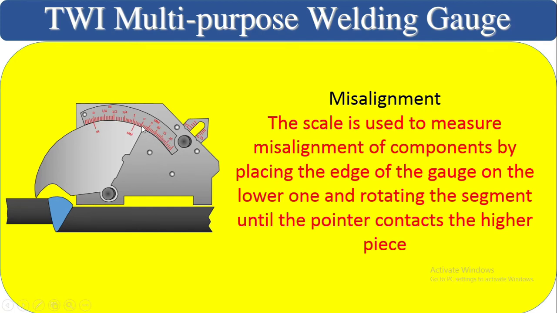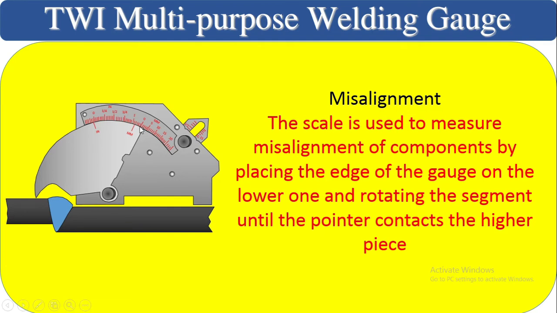So you understand, from 0 to here is very important, from 0 to 1, 2, 3, 4, 5 this line is the mm, but the inch scale is up to here. On the back side also there are 6 or 7 lines and from 0 to here also.